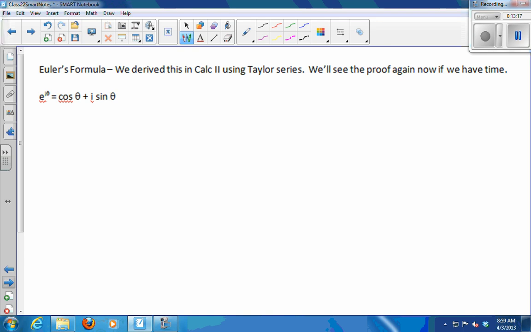All right, so here's how we deal with complex numbers. We're going to use Euler's formula. We derived this in Calc 2. I don't know if anybody remembers, but if you had me for Calc 2, we definitely proved this formula is true using Taylor series. e to the i theta equals cosine theta plus i sine theta. So I can do a quick proof just to remind you.